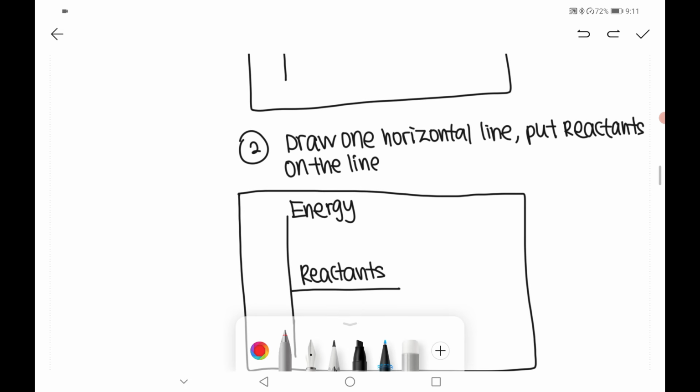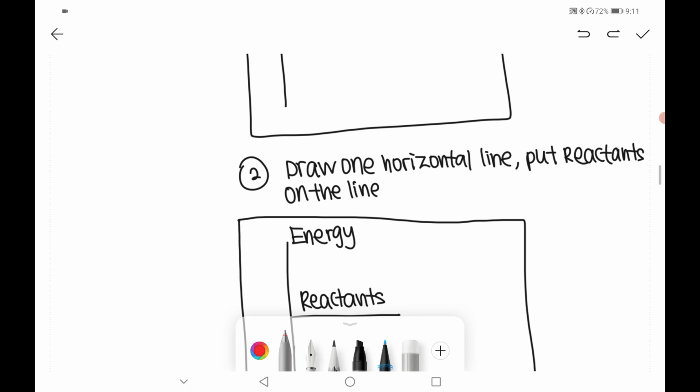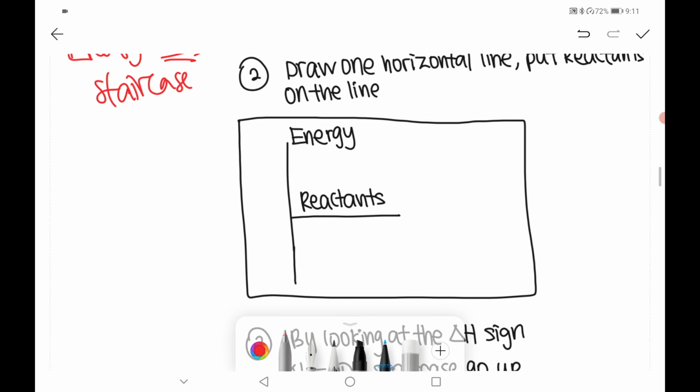Number two. Now you want to draw one horizontal line, because in an energy level diagram you must have a staircase. So how to draw the staircase? This is your y-axis, this is energy. You need to draw a horizontal line first. You can draw the horizontal line here, or even here, no problem.